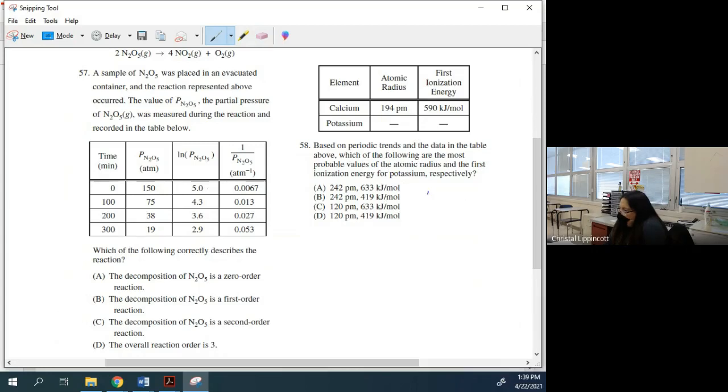So this calcium and potassium. Calcium is here and potassium is here. And if this is 194, do we get smaller as we go this direction, or do we get bigger?